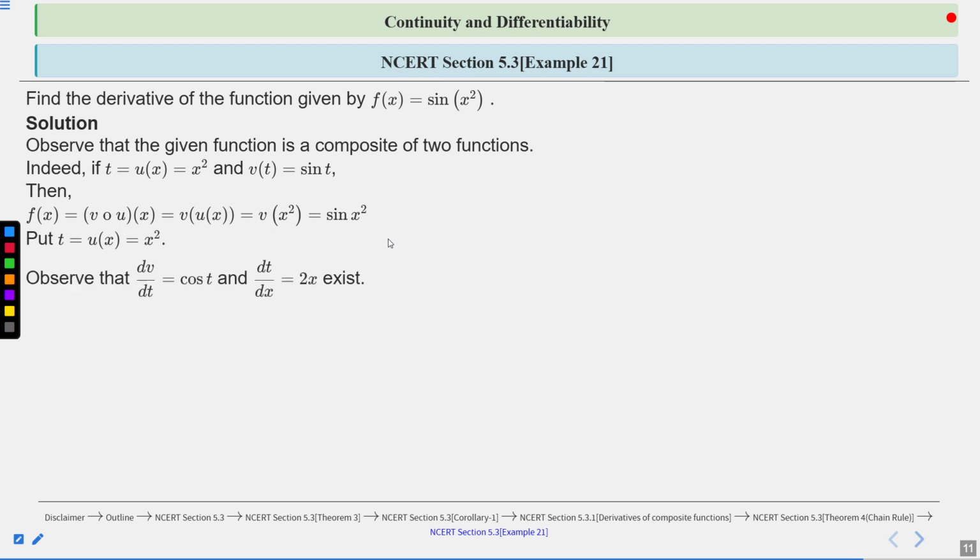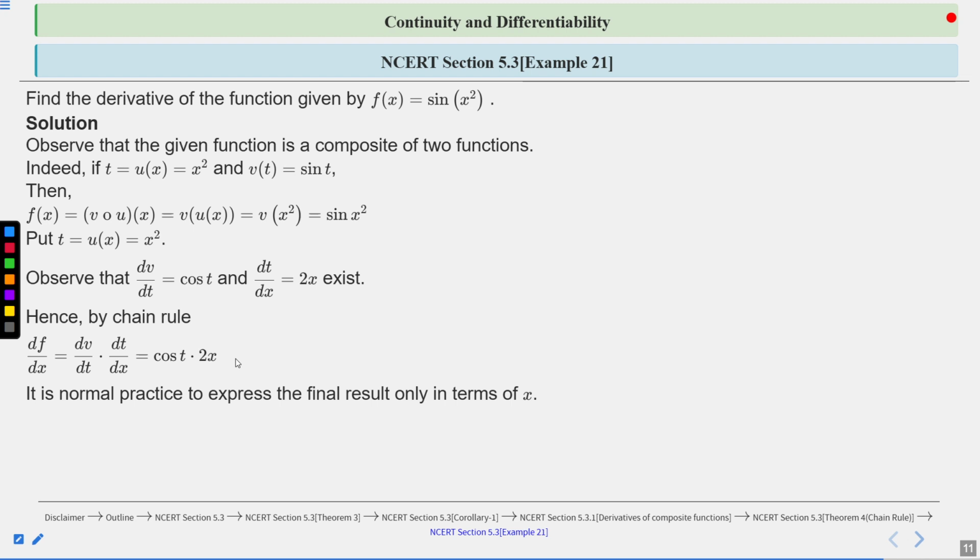Now you can observe that dv/dt is basically cos t and dt/dx is basically 2x. Hence, by the chain rule, df/dx will be equal to dv/dt into dt/dx, which is cos t into 2x. It is normal practice to express the final result only in terms of x.